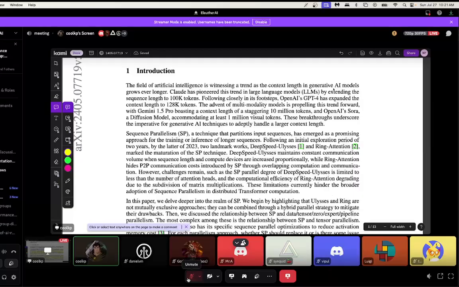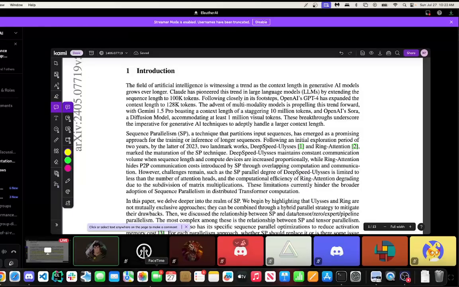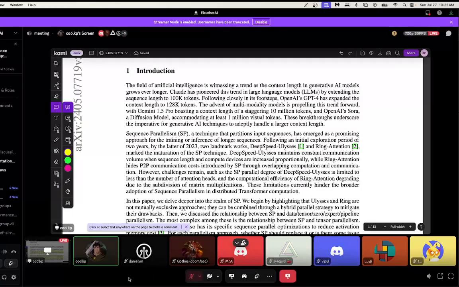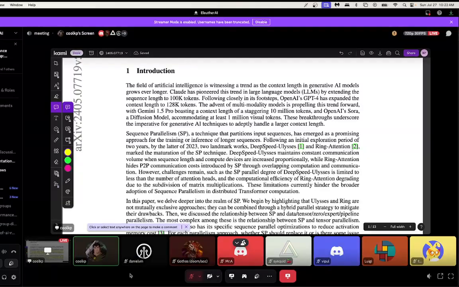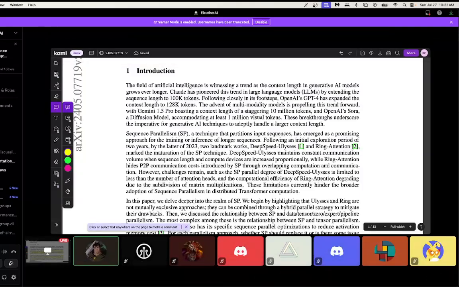I guess we are all aware of the continuous chase for longer and longer context lengths, which is what is driving innovation in sequence length optimizations. There are models which boast 10 million token sequence length, like Gemini 1.0 is saying, and I personally got interested in this because I was working on a diffusion model that also has 1 million visual tokens.